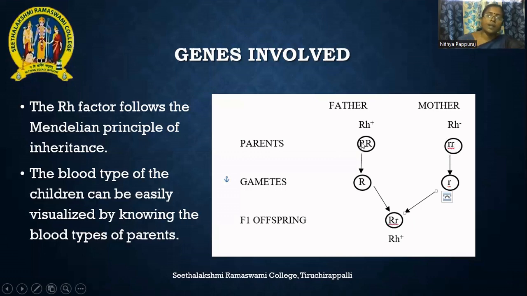So the father produces a capital R gamete, and the Rh negative mother produces a small r gamete. The offspring, with the combination of capital R and small r, is an Rh positive baby. The blood type of the children can be easily visualized by knowing the blood type of the parents.